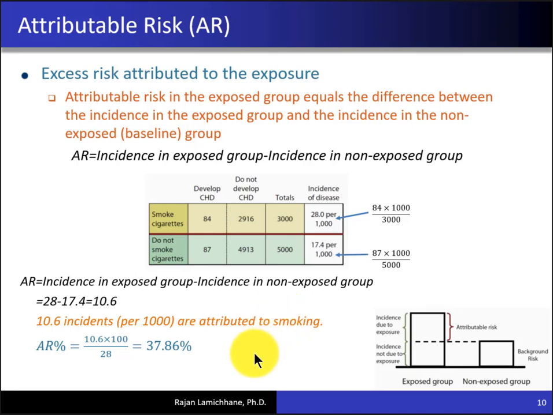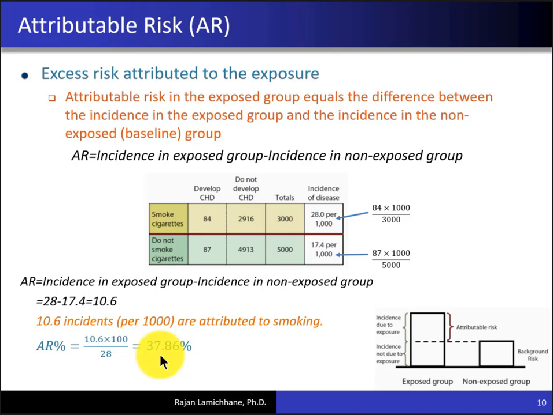You can also calculate the percentage of the attributable risk, which is just taking the attributable risk here and dividing by the risk in the exposed group, which is 28 here, and taking the percentage. This means that among the exposed group, 37.86% are attributable to smoking only.